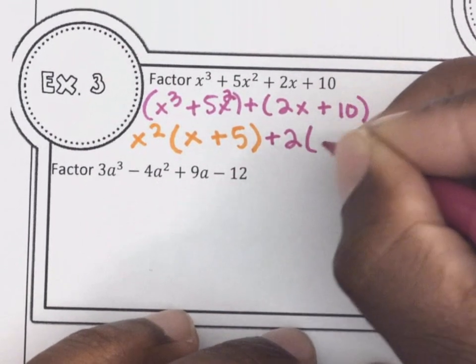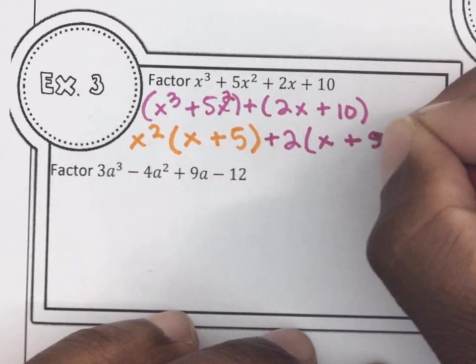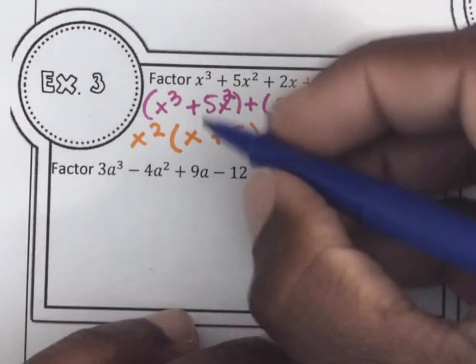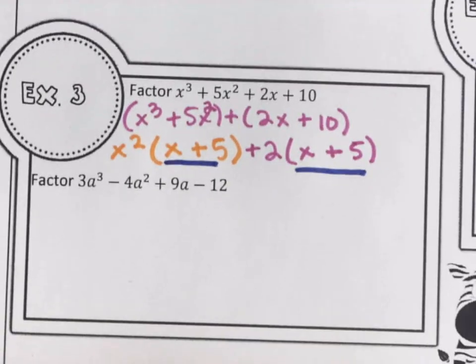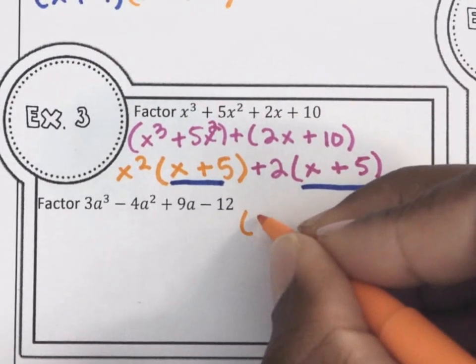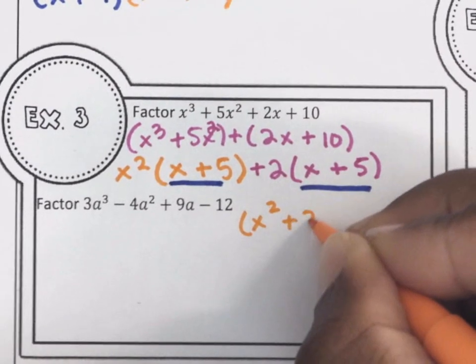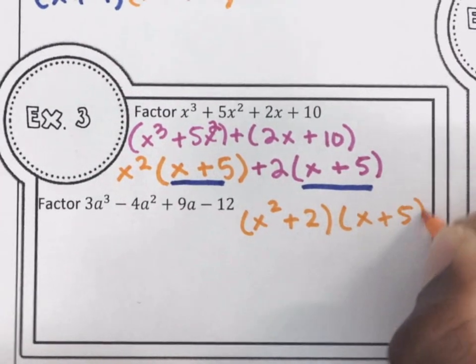Positive 2. So then I got x, and 10 divided by 2 is 5. And now I see my common factor: x squared plus 2, and then x plus 5.